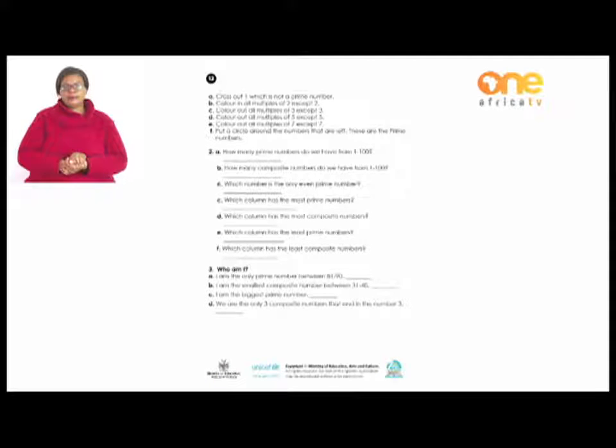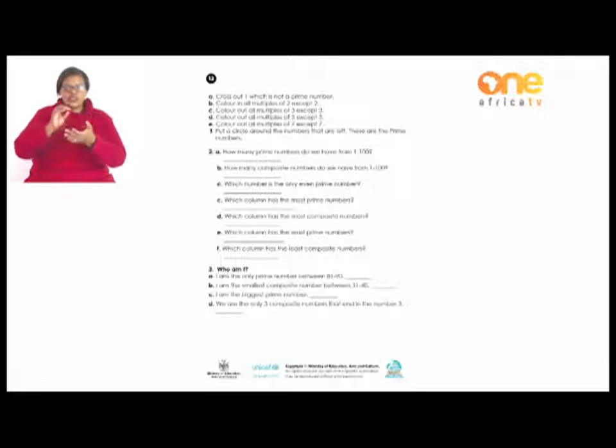Once you are done coloring and encircling, now we do question 2. It asks, how many prime numbers do we have from 1 to 100? Okay? So you go back to your table and discover those numbers that you encircled. How many are they? Okay?